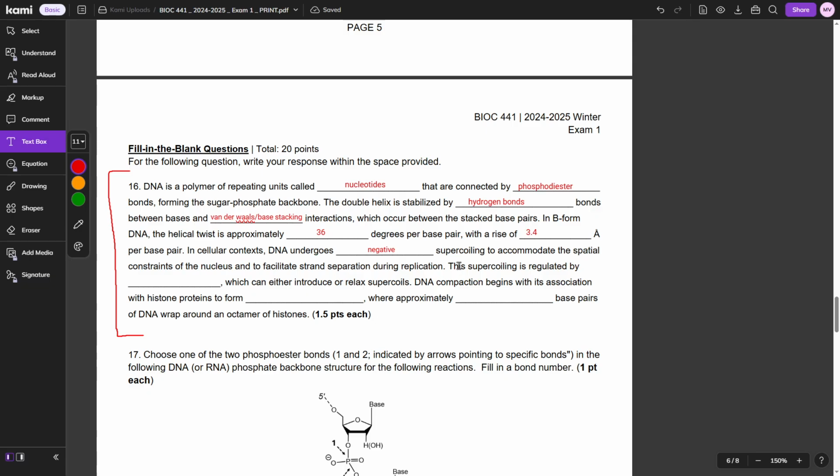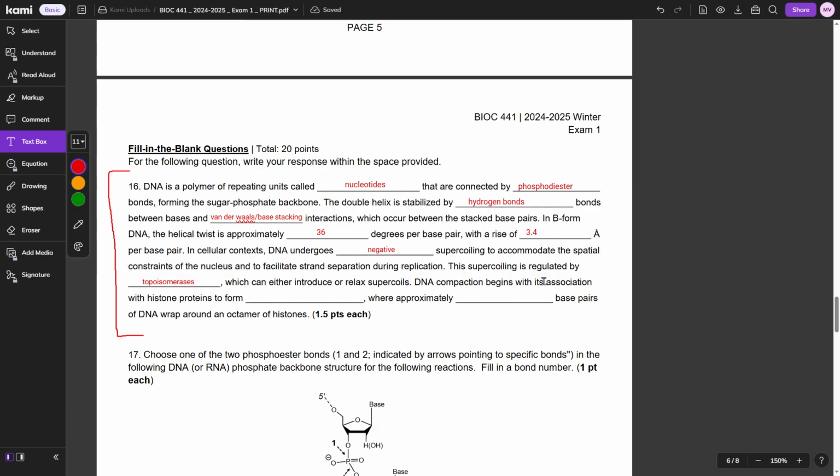Yeah, the supercoiling is regulated by topoisomerase. That's the enzyme that introduces the supercoils, right? Which can either introduce or relax supercoils.